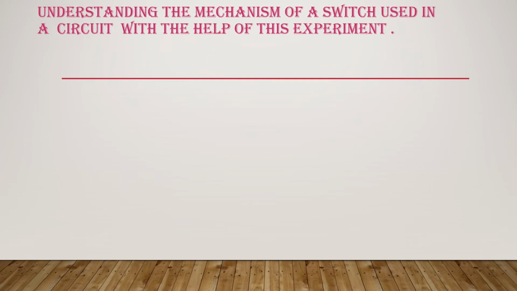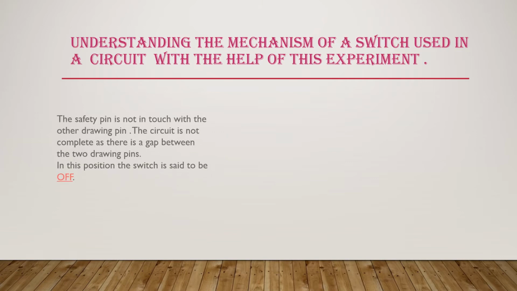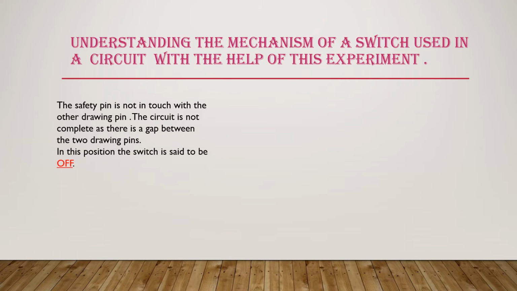Now with this experiment we want to understand the mechanism of a switch used in a circuit. We are actually doing this experiment of safety pin and drawing pins on a thermocol to make you understand how a switch works. Now the safety pin is not in touch with the other drawing pin.